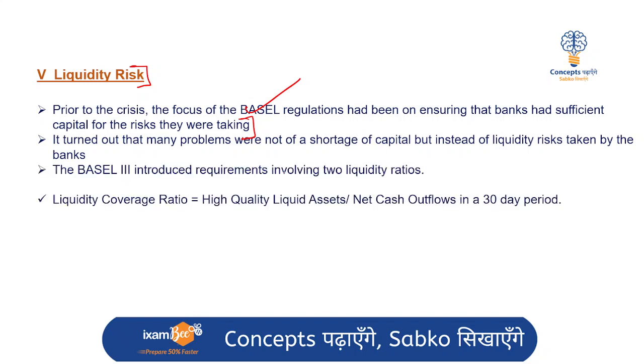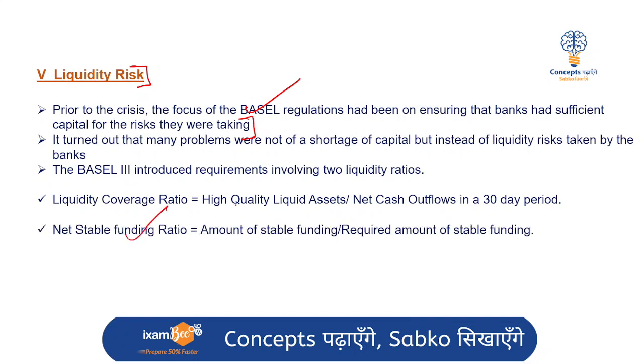Two liquidity ratios: one is the liquidity coverage ratio, and the other is the net stable funding ratio. Banks need to maintain these ratios for long term and short term liquidity risk. Actually they need to keep high quality liquid assets, which might be investments in securities like SLR and all, and they should meet the net cash outflow in the next 30-day period. So these kinds of ratios are also important for the banks to maintain.